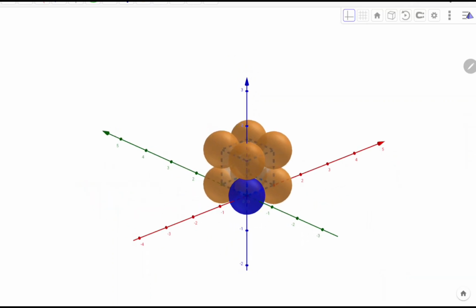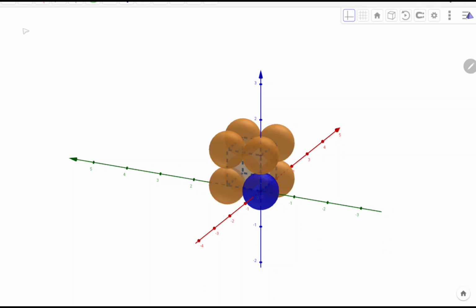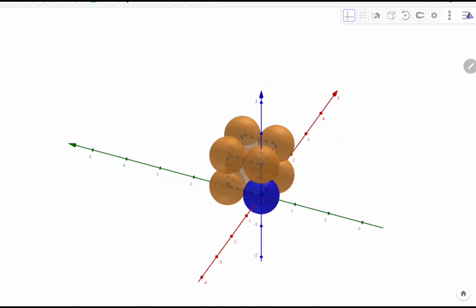Each of these atoms is sharing 1/8, so 1/8 multiplied by 8 is equal to 1. So the primitive cell in simple cubic contains just one atom.